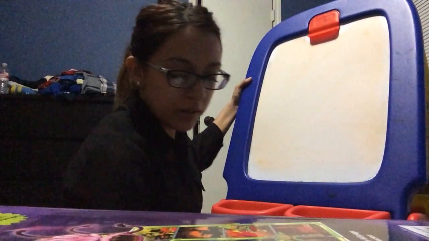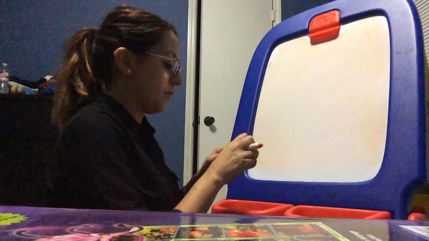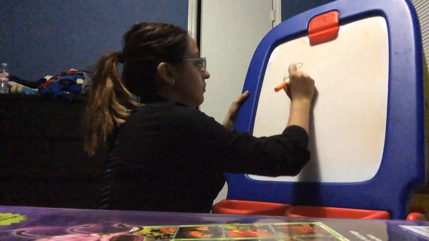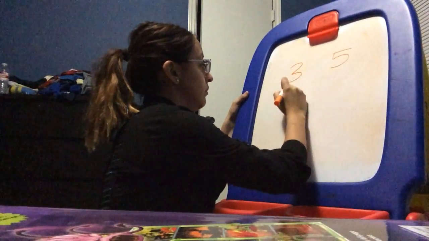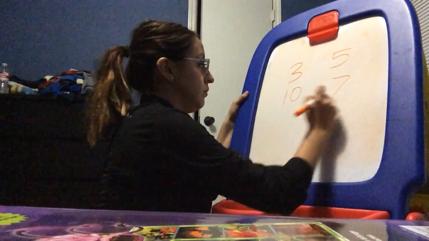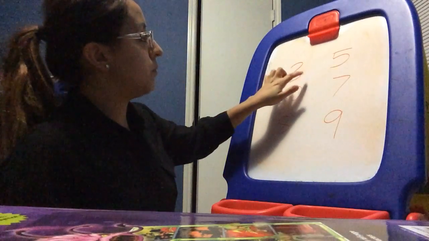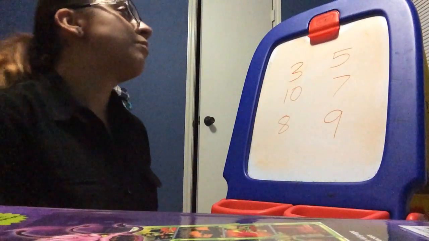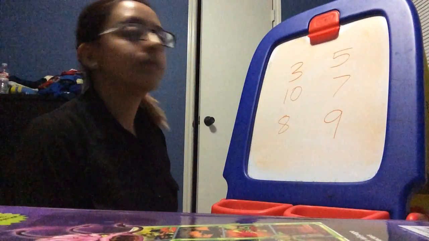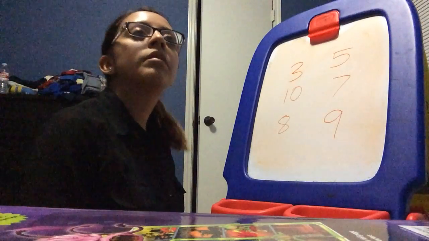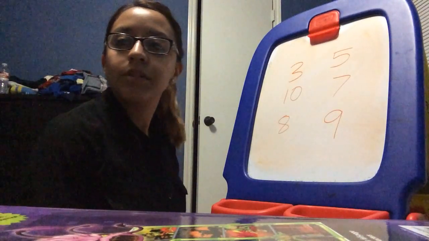Okay, let's practice a few more of these. Okay, so 3 and 5. Which number is bigger? 5. So which number is the crocodile mouth going to be open to?